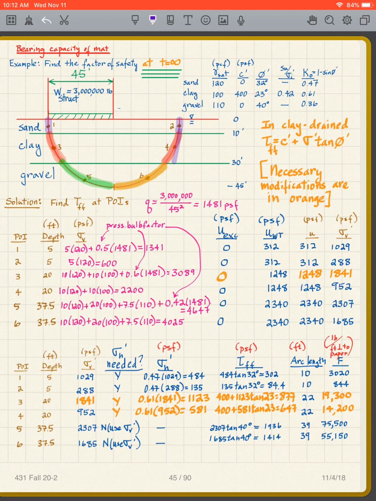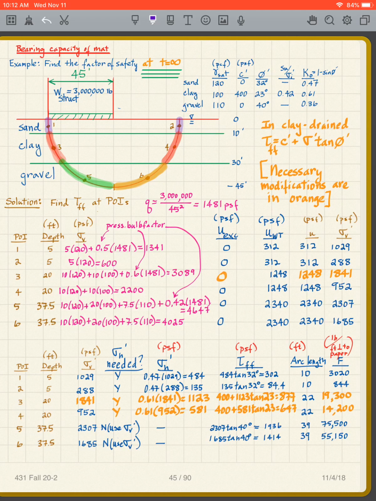And now we're saying that, yes, this is approximately vertical, so I have to figure out my normal stress there. The normal stress is going to be a sigma h prime.